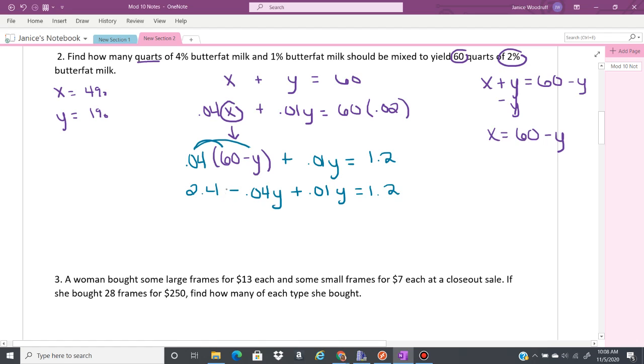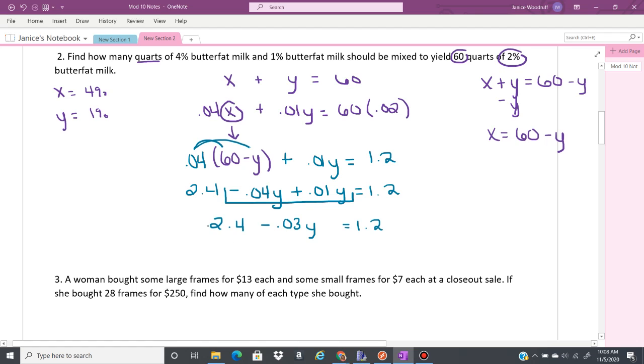So we'll go ahead and combine these like terms here, negative 0.04y plus 0.01y, which is going to give us a negative 0.03y. Bring down your 2.4 and your 1.2.